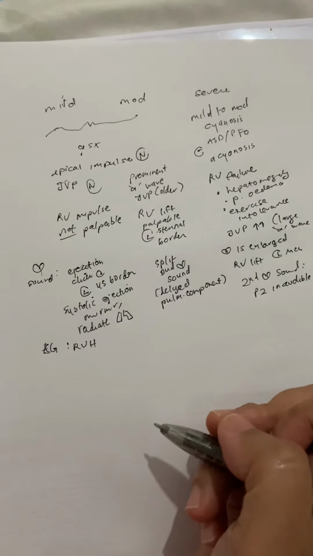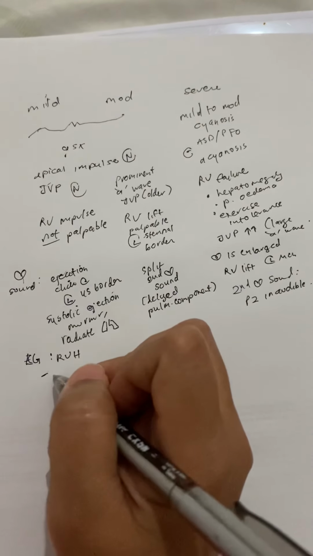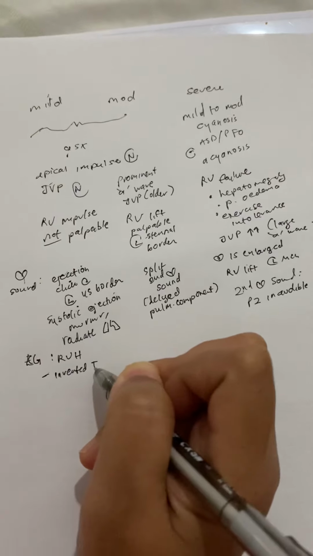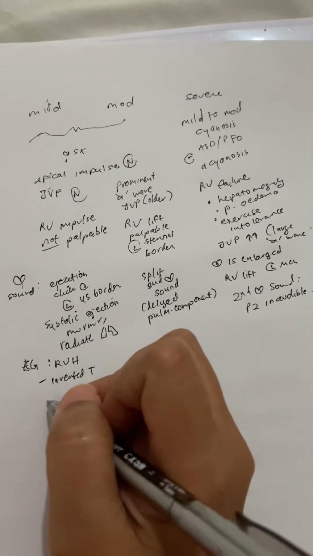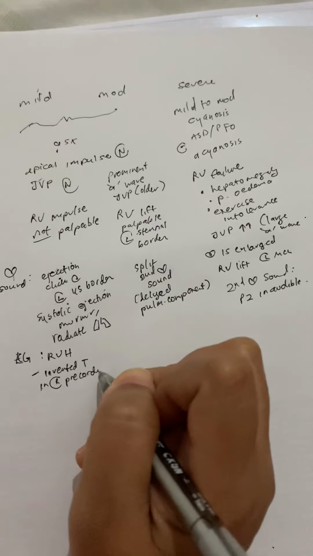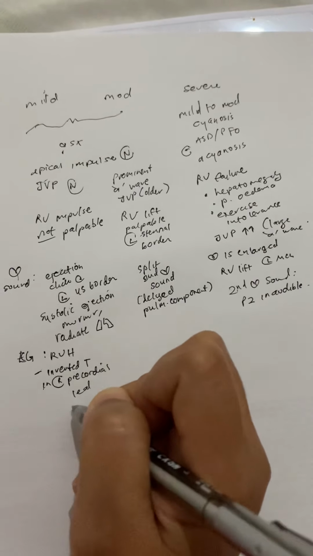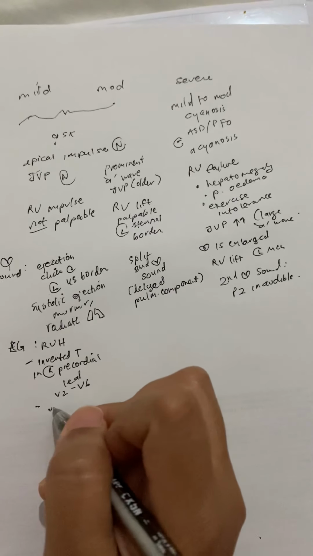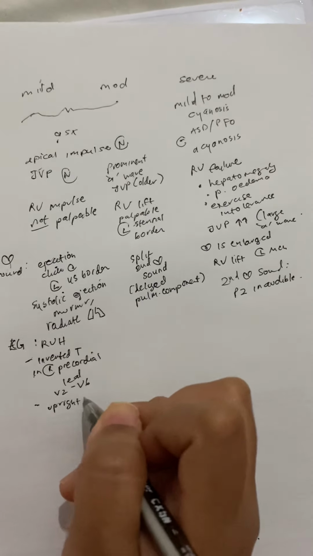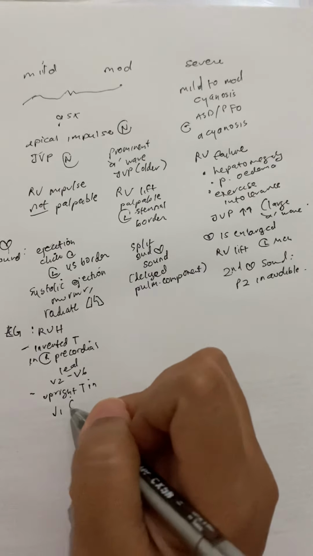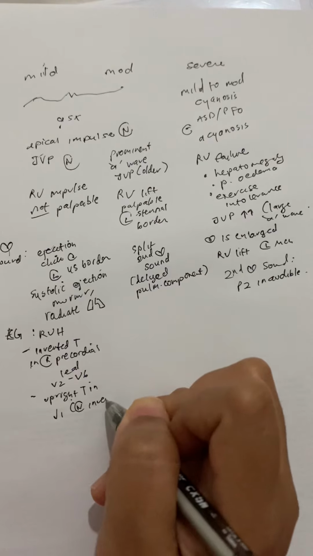So for mild, the changes are inverted T waves in the right precordial leads, which are V2 to V6, and an upright T in V1, which is normally inverted.